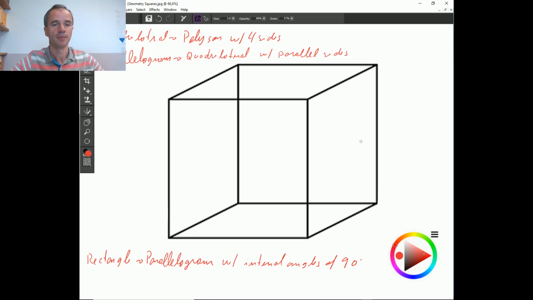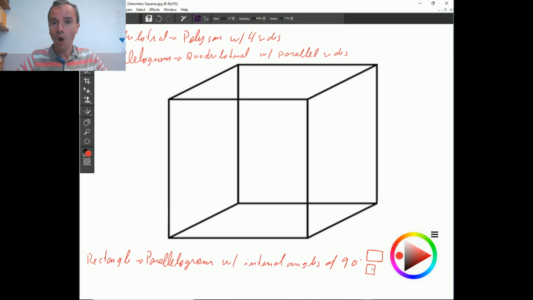Well, this is going to be a rectangle, right? And then comes the question. A rectangle can be that, or it can be also that. Yes, it's a square. A square is a rectangle.